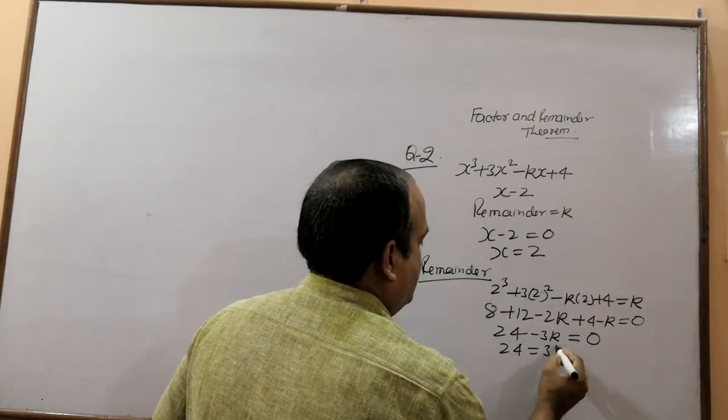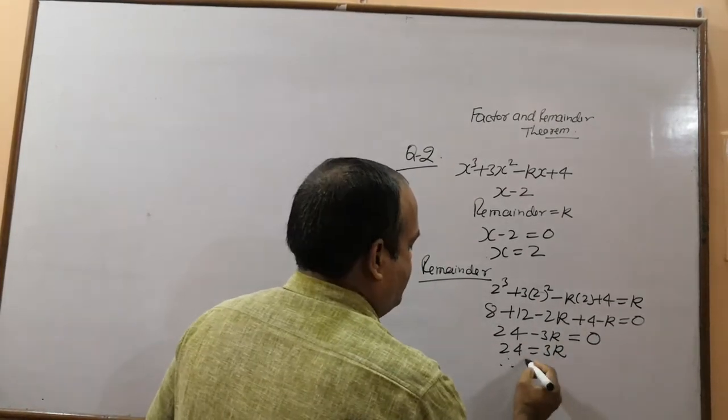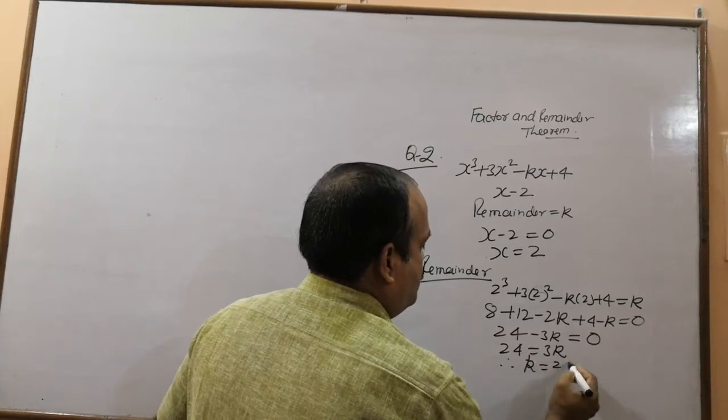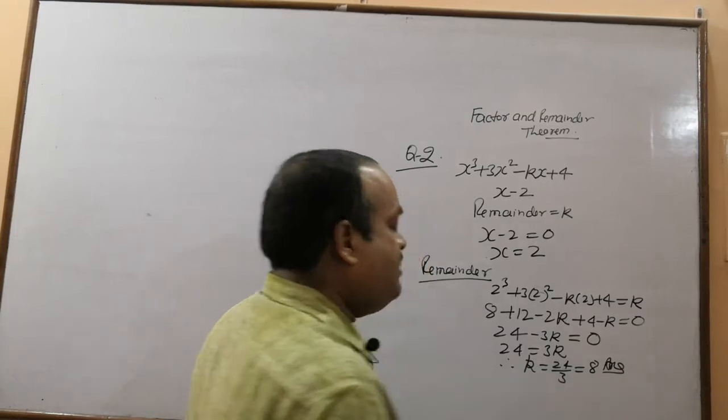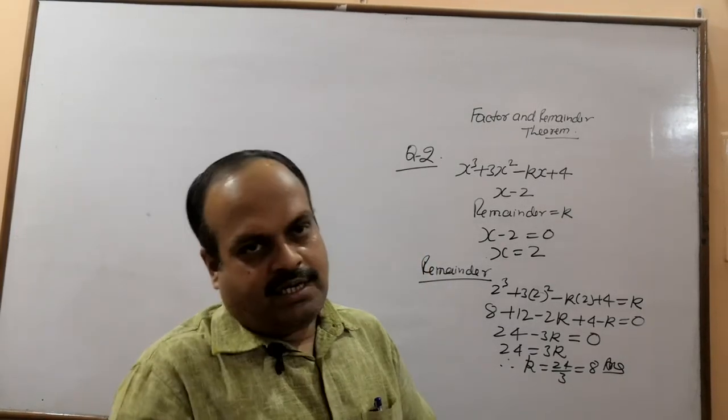So 24 equals 3k, therefore k equals 24 upon 3, which is 8. Therefore the value of k will be 8.